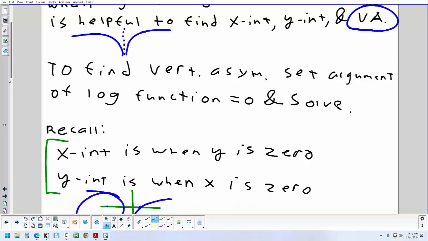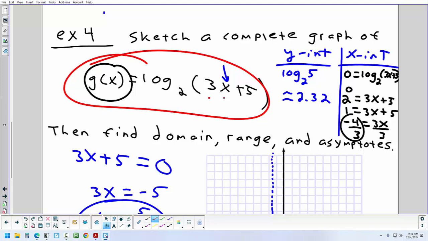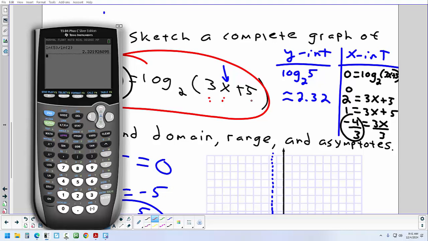So if I plug in 7, what's 3 times 7? 21 plus 5? 26. So I have log base 2 of 26. So that's log 26 divided by log 2. I could have used that one. I didn't. So when x is 7, y is just under 5.